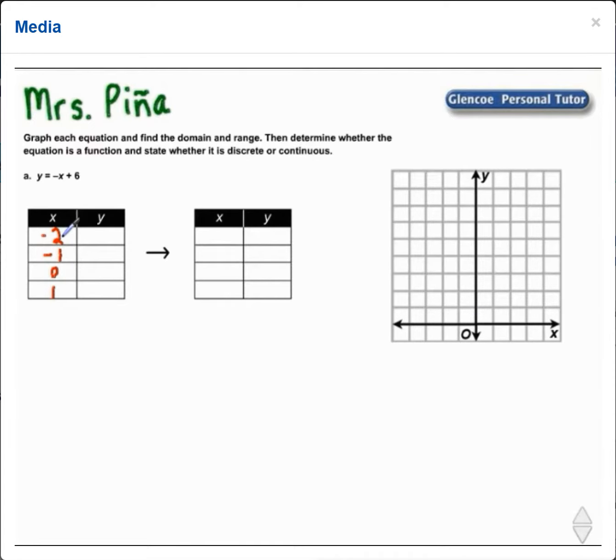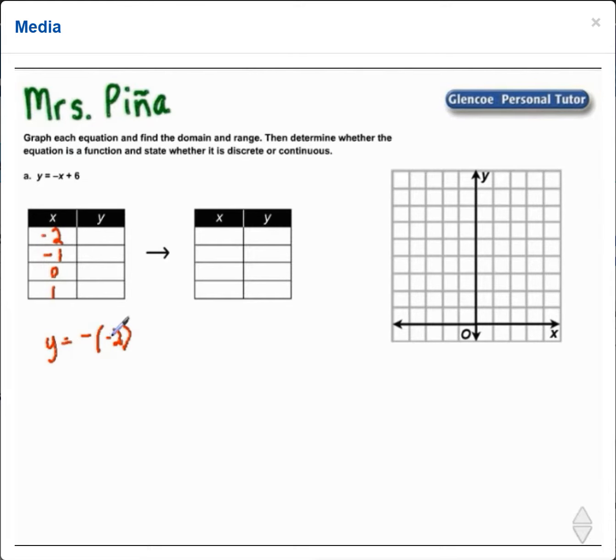Now this means I'm going to take each x value separately, put it into the equation, and find y. So the first x value I'm going to take and write y equals, and in place of x I'm going to put -2. So negative gets recopied from the equation, and in for x I'm going to put (-2).